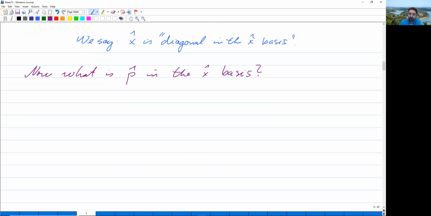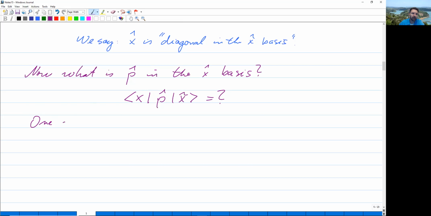What are its matrix elements? So what we want to calculate is, in the position basis, what is the momentum operator? There are infinitely many ways to calculate that. And why are there infinitely many ways? Well, because you can choose infinitely many bases to calculate that in.